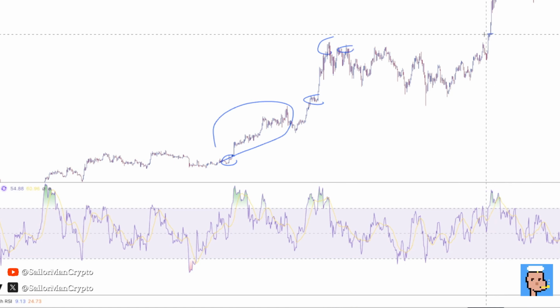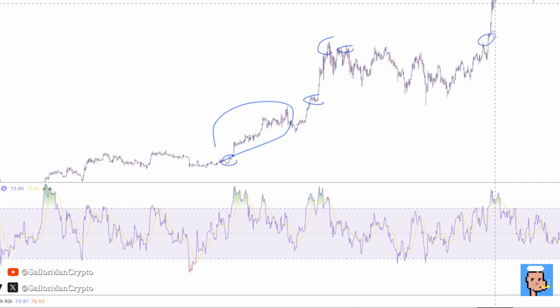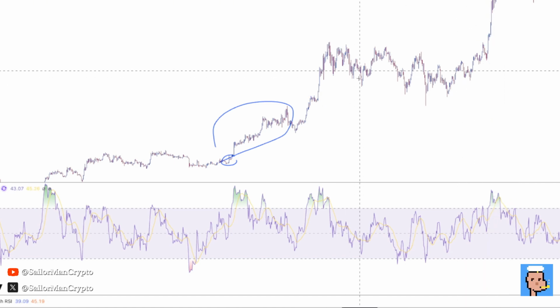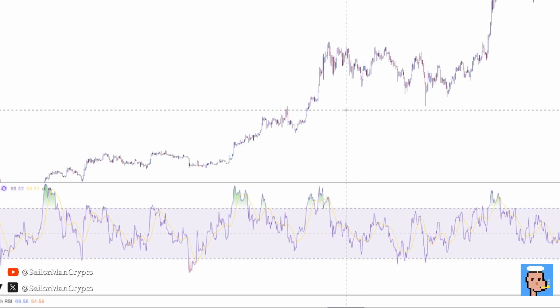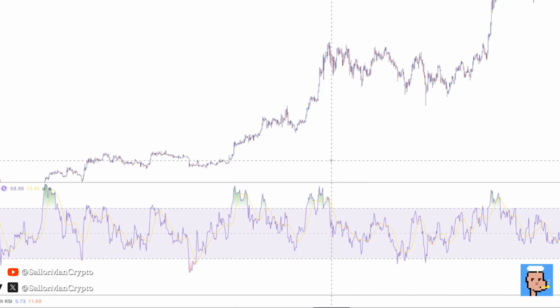Again we were overbought here, so I don't simply use overbought and oversold, because it's normal that in an uptrend price stays for a long time in overbought territory, and it's normal in a downtrend that it stays a long time in an oversold territory. But oversold and overbought are interesting levels because we want to use them especially for divergence on extreme levels.